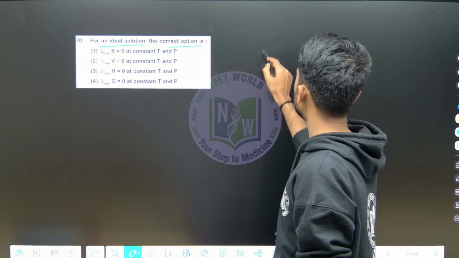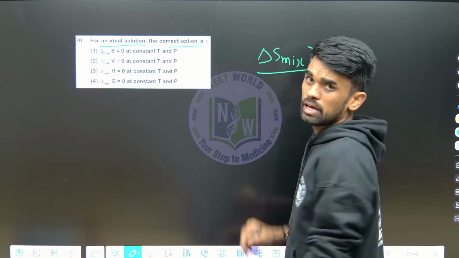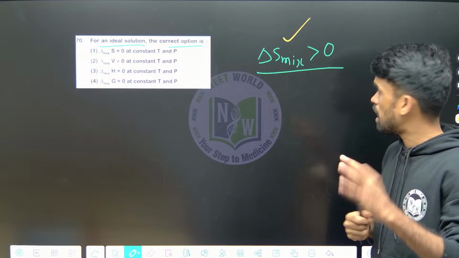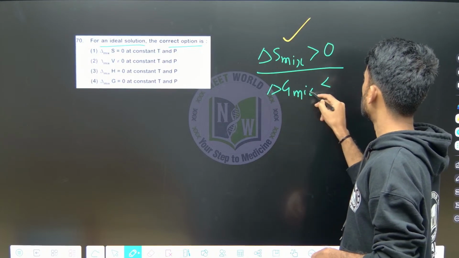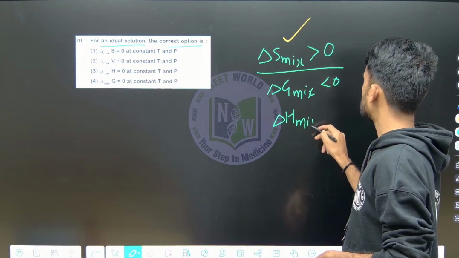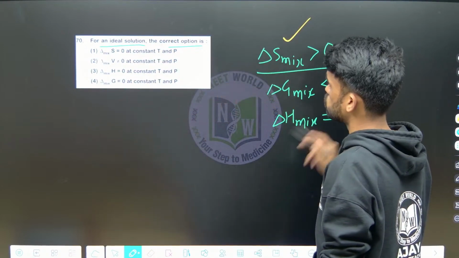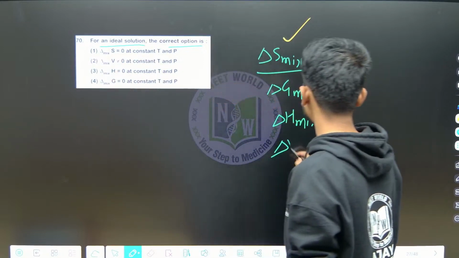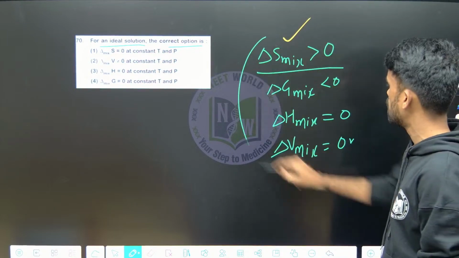For an ideal solution, delta S mix, the change in entropy, will always be positive, and delta G mix will always be negative, and delta H mix will be equal to 0, and delta V mix is also 0. For ideal solutions, these are the conditions.